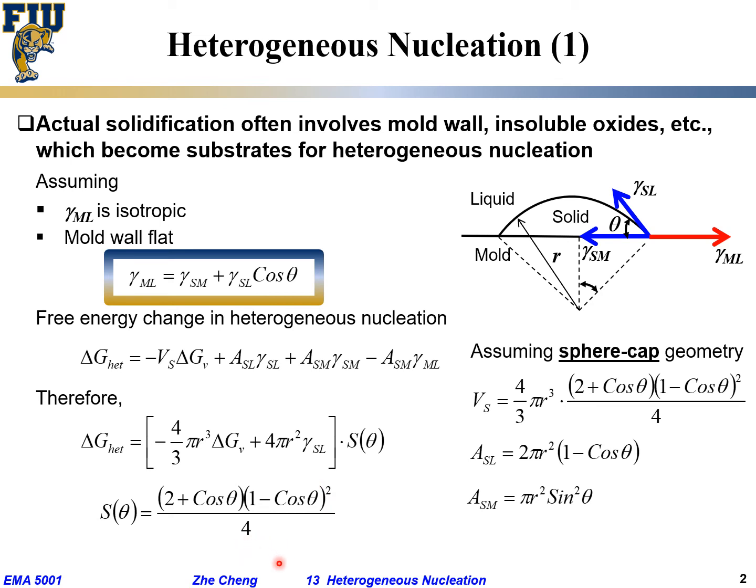And this term only depends on theta. But if you stare at it a little bit, within the bracket, that is just our homogeneous nucleation energy. Make sense? Volume times delta G_V, area times gamma, right?